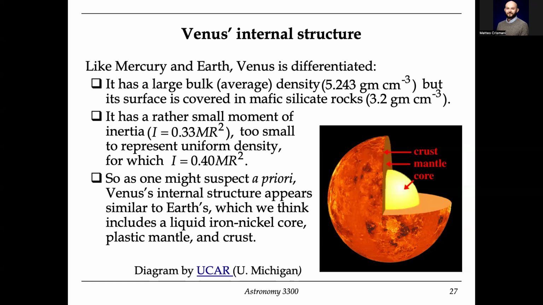Okay, so let's ask this question again. What does this number mean in front of the MR squared? Good. How differentiated it is? Are bigger or smaller numbers representative of more or less differentiation? Bigger or less? Why do you say that?